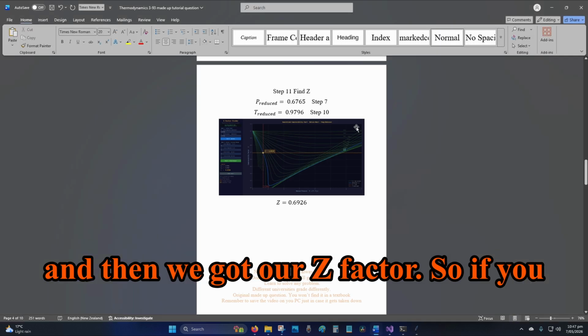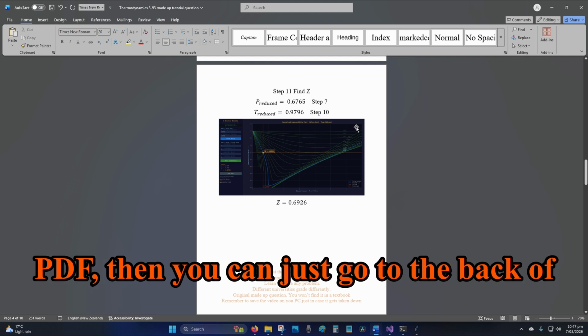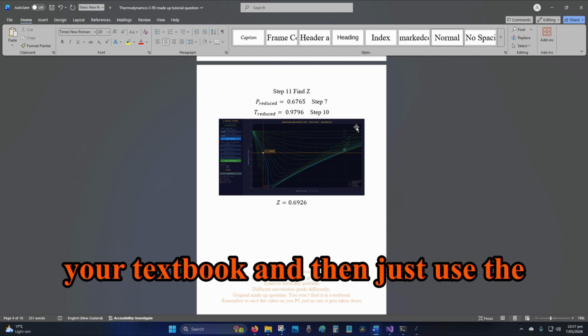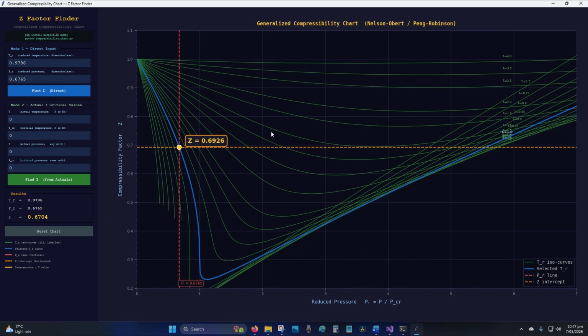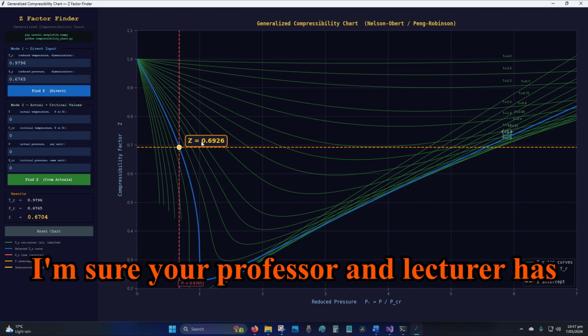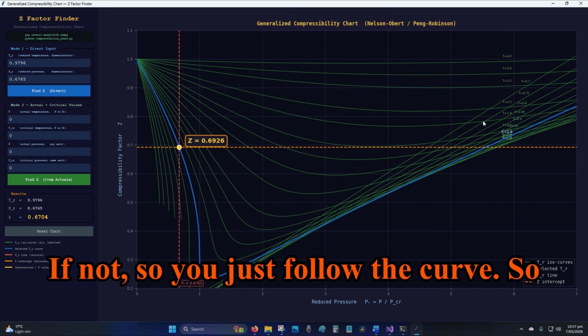If you've got the textbook or the electronic PDF, you can just go to the back of your textbook and use the graph or chart. For engineering students, I'm sure your professor or lecturer has taught you how to use it. If not, you just follow the curve.